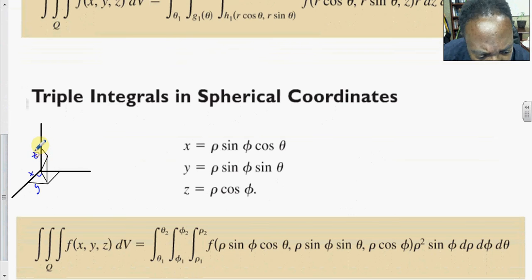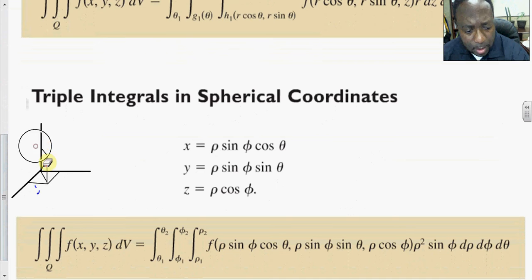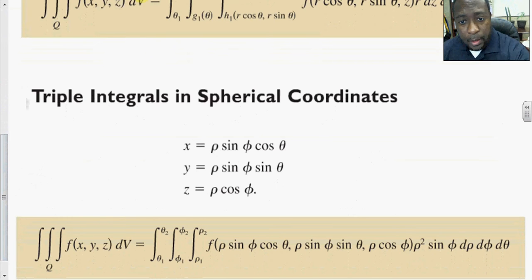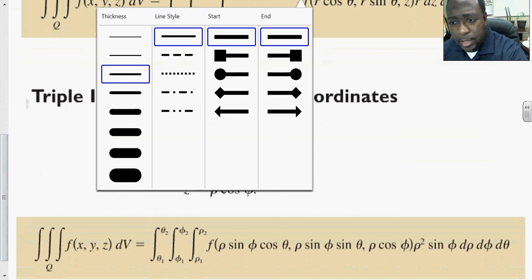This is z, this is rho in there. Oh, I can't see any of that. What did I get myself into?